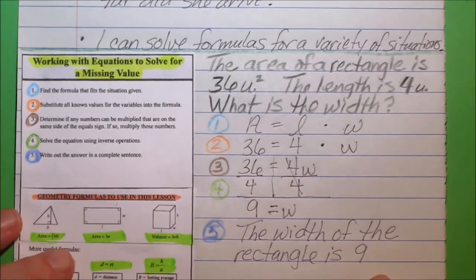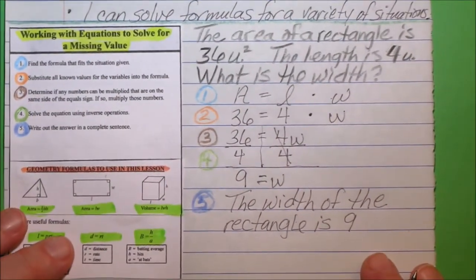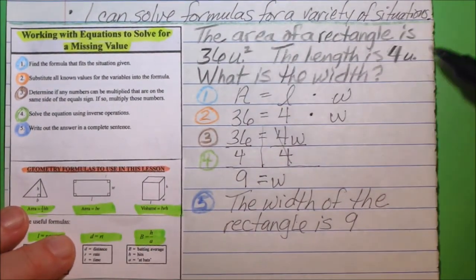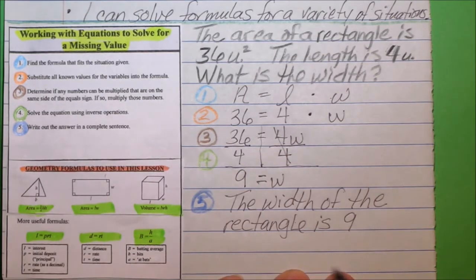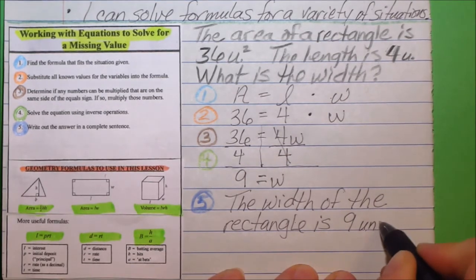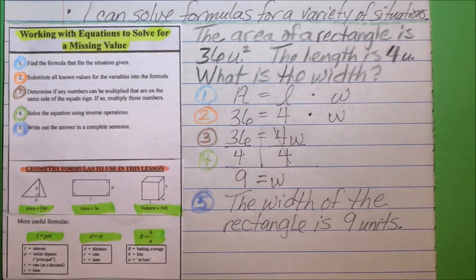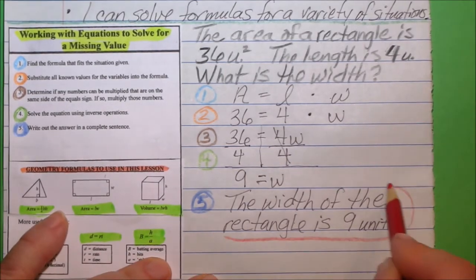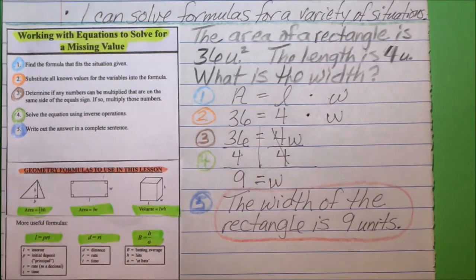And what kind of measurement units were we using in the question? It was all just units. So the width of the rectangle is 9 units. And that is my answer, this sentence right here. So I will circle it in red.